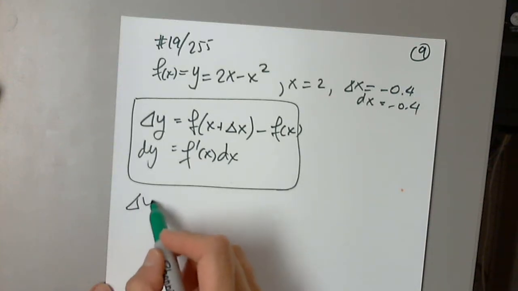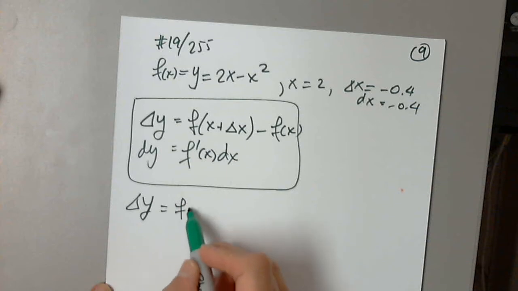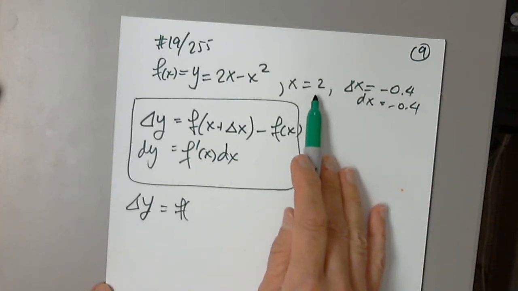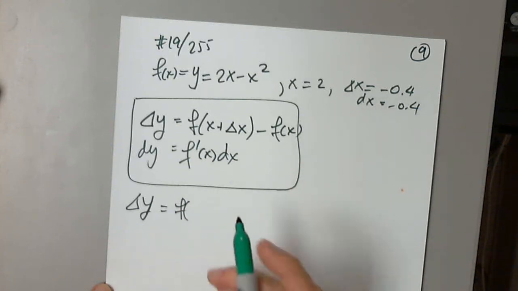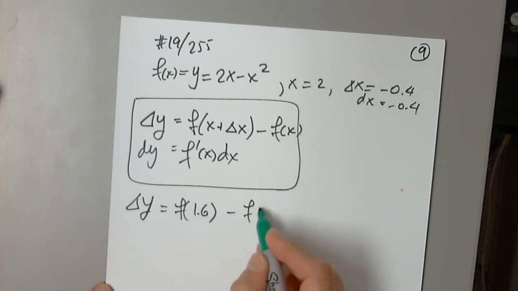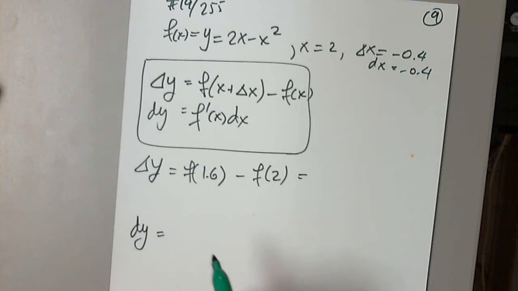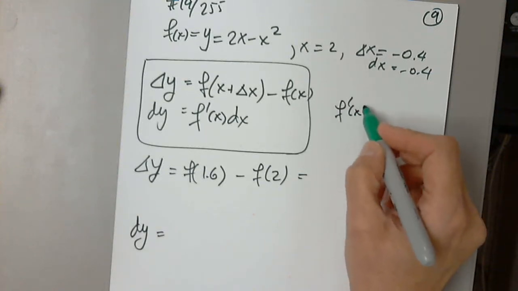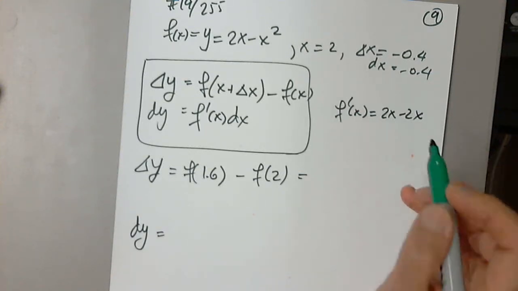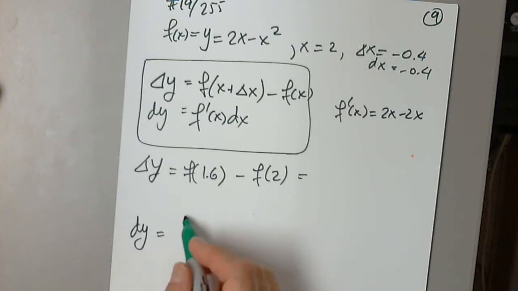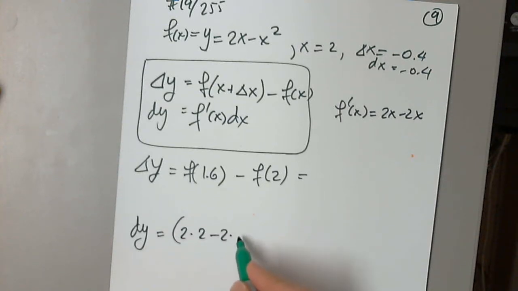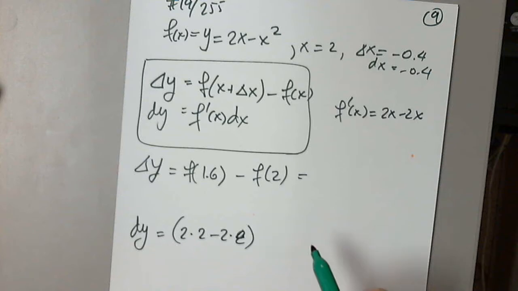Okay, so then delta y will be f of 2 minus 0.4, which is 1.6, minus f of 2. And I have to calculate that. dy will be f prime of x. So we find f prime of x to be 2 minus 2x. So this will be 2 times 2 minus 2 times 2.